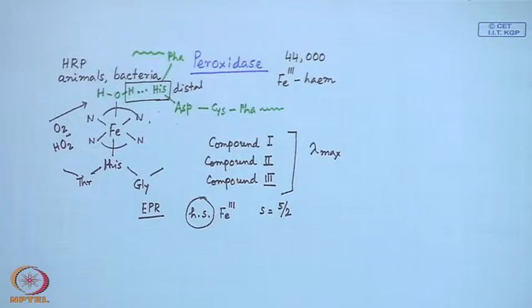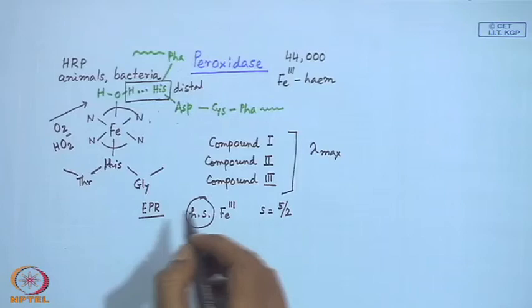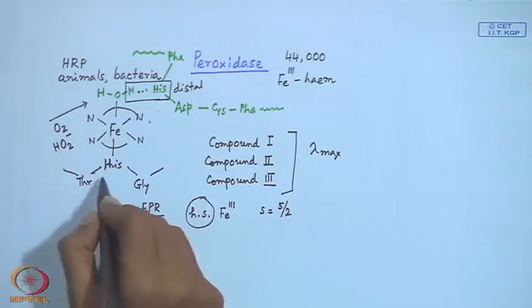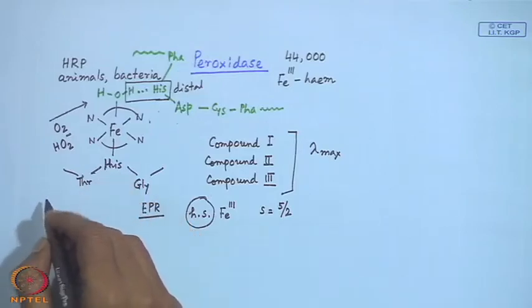So, this particular site, depending upon its corresponding pK value, that means this nitrogen will have a typical pK value.